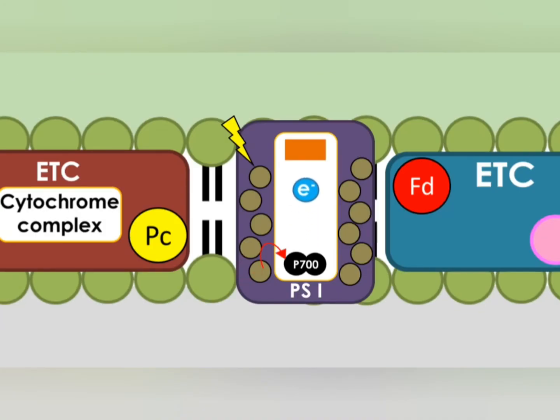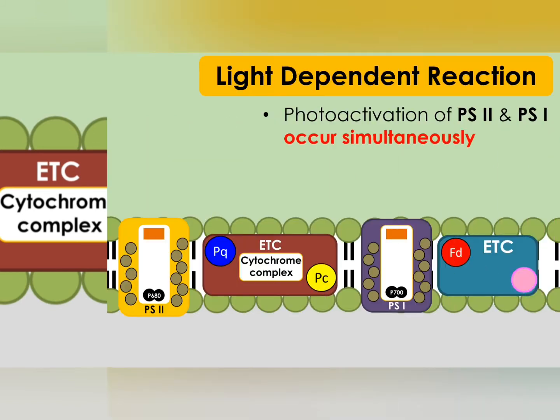Similar to P680, absorption of energy from the antenna pigment by P700 will also cause excitation of electron from P700, followed by the excited electron being captured by the primary electron acceptor, and the P700 is oxidized into P700+, or electron deficient P700.